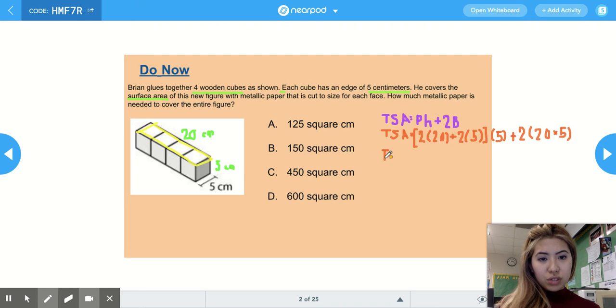So we have total surface area is equal to 2 times 20 is 40. 40 plus 10 is 50, so we have 50 times 5, plus 2 times 20 times 5 is 100, so now we have 2 times 100.